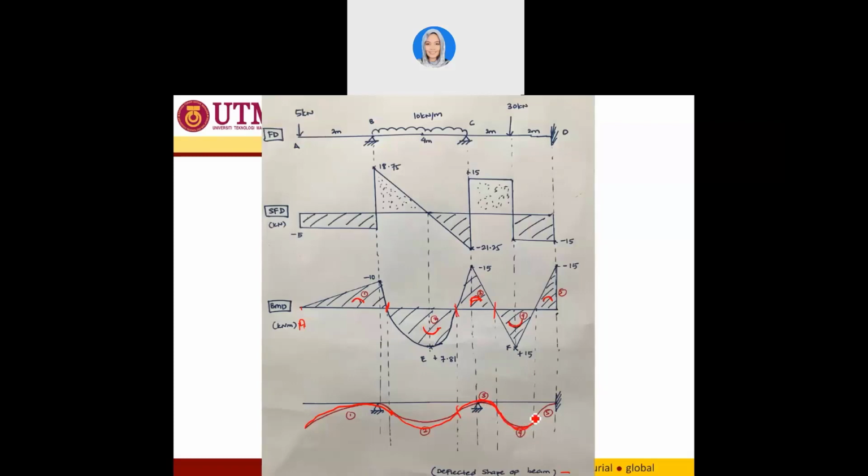And from here to here, since it is a negative moment, you have a concave shape like this one, and you draw it like this. So basically your deflection shape of your beam is going to be like this one, like the one that I have drawn here. This shows how your beam deflects due to the point load of 5 kilonewton and the uniform distributed load of 10 kilonewton per meter, and another one in here.